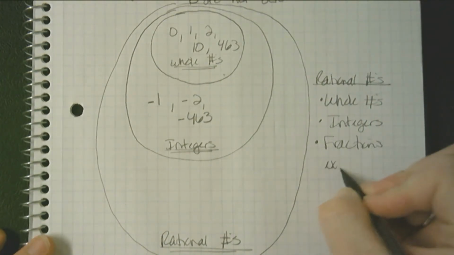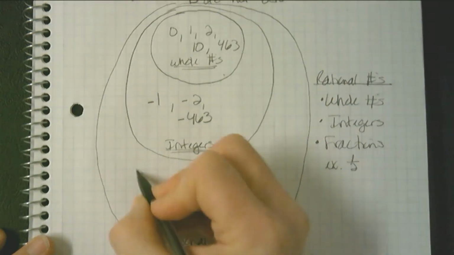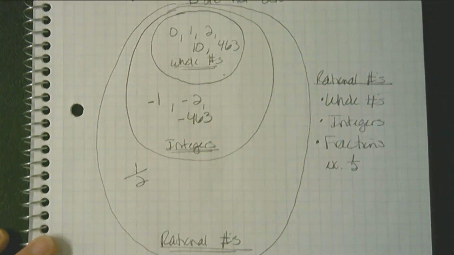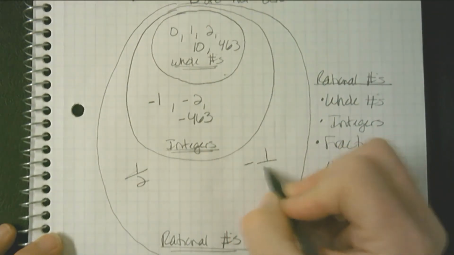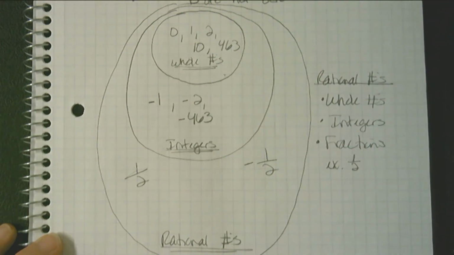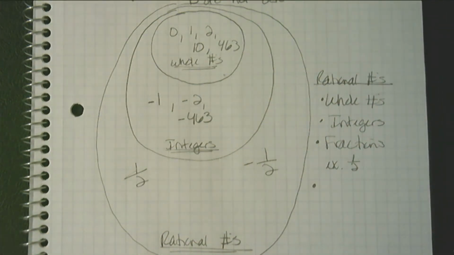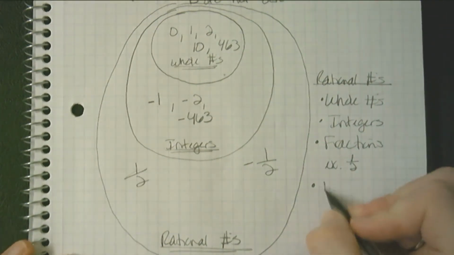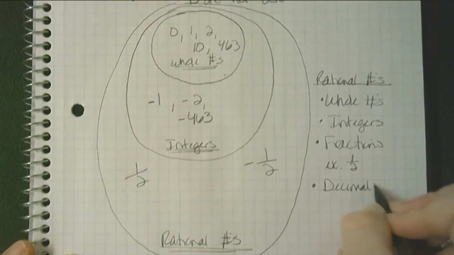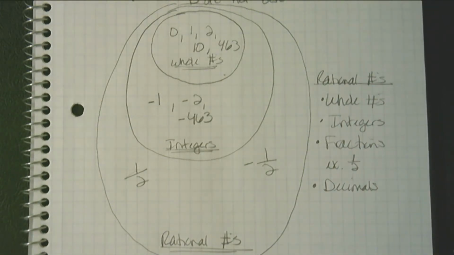So something like 1/2. I'm going to put 1/2 in here, and negative 1/2. All right, what else is missing from this list? Decimals. Now, not all decimals are rational numbers.